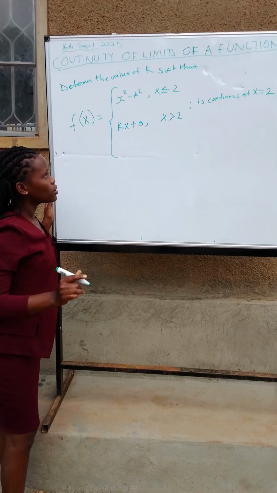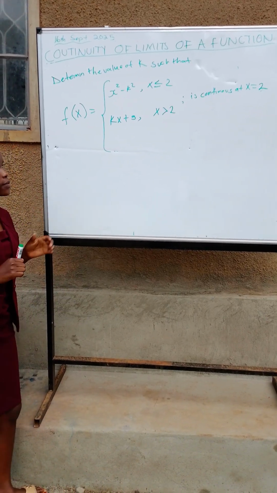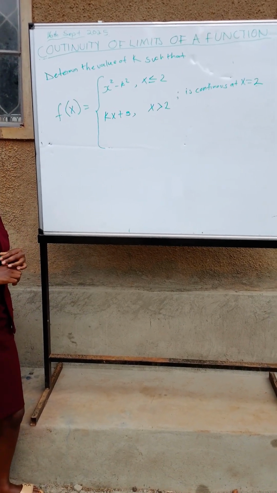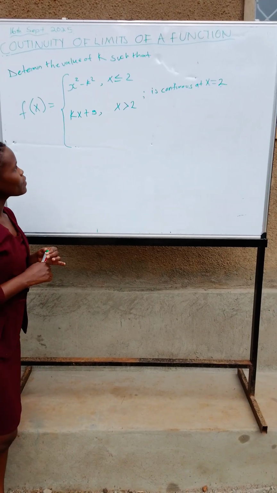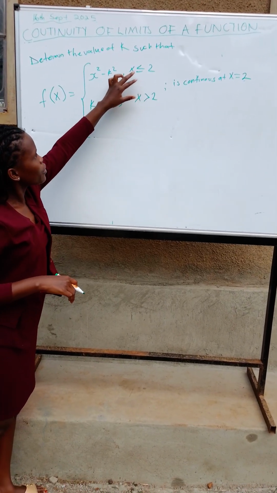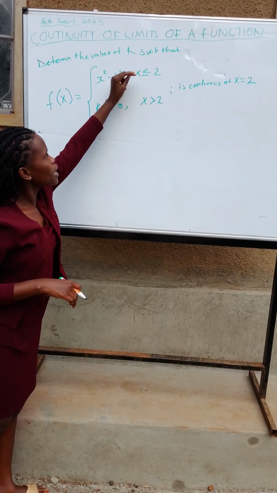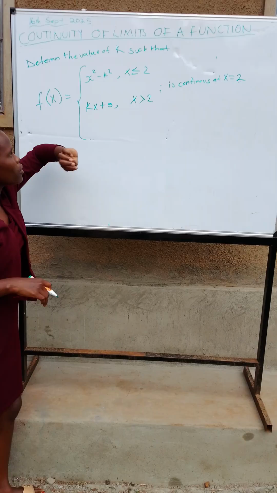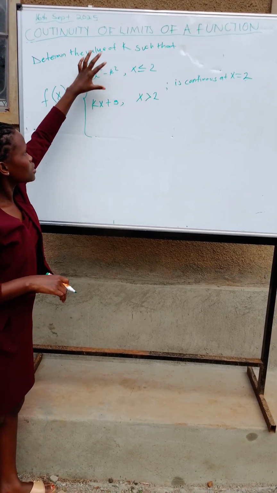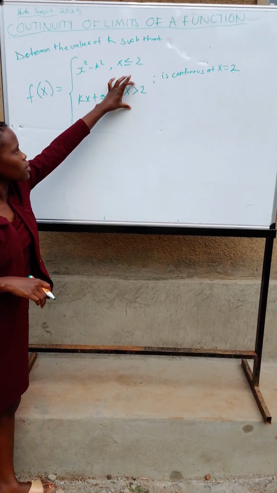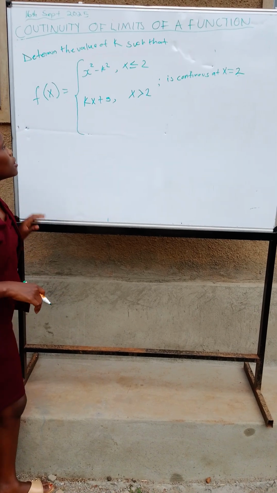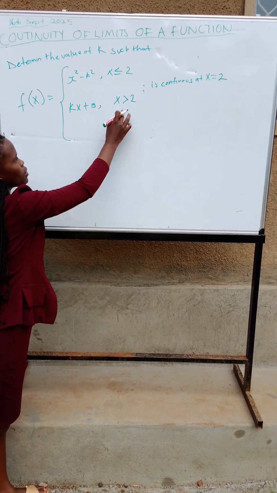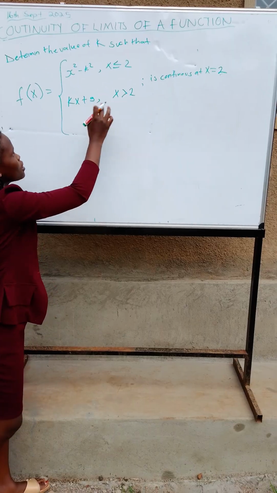I think you've been explained how to find the left hand limits and the right hand limits. You look at these symbols: the less than symbol means this is the left hand limit, and the greater than symbol means the right hand limit.